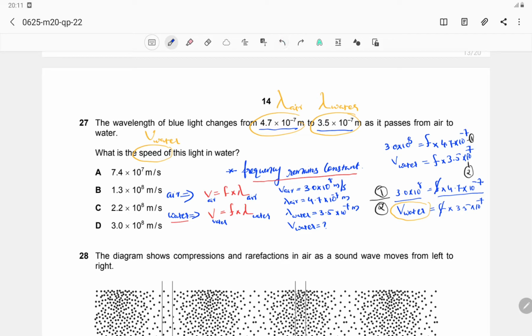So you will get velocity of light in water equals 3 × 10^8 times 3.5 × 10^-7 in the numerator, divided by 4.7 × 10^-7 in the denominator. The final velocity of light in water will be 2.2 × 10^8 meter per second. Hence, the correct answer is option C.